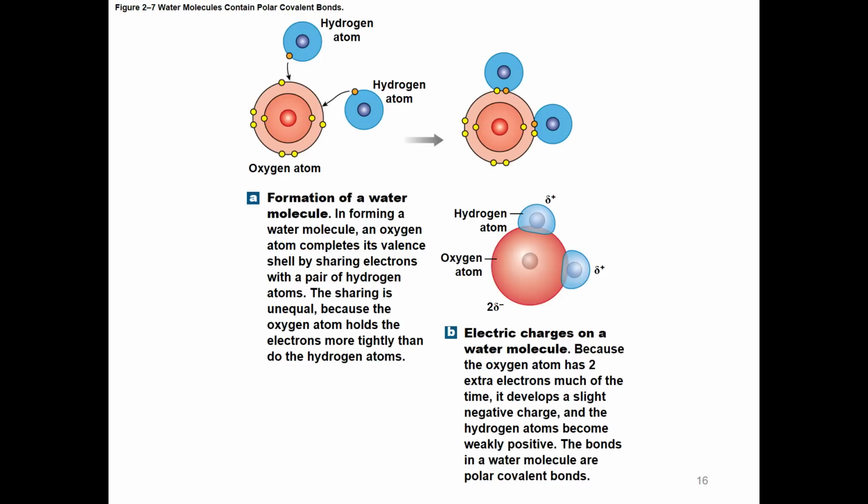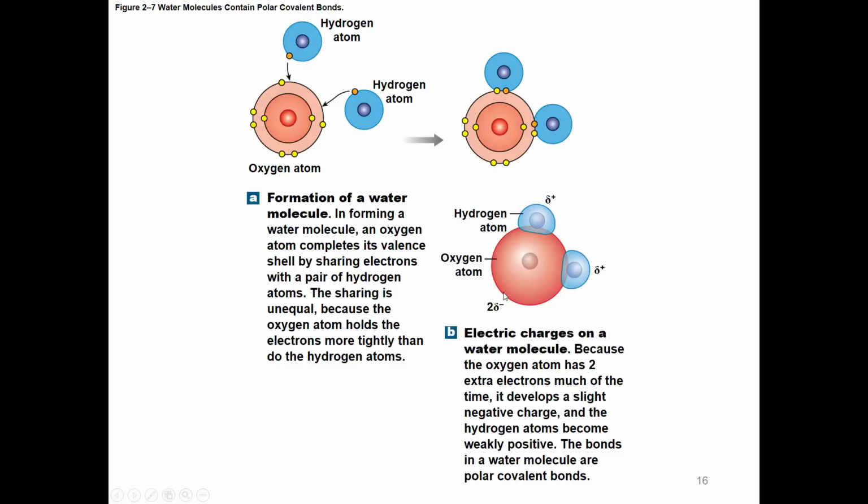Here's a picture of a water molecule. It looks a little bit like a Mickey Mouse head. We've got a big oxygen atom, and when I say big, we're talking about atoms, so you know big is not big. Because the oxygen is stronger, or has a stronger pull, it's going to spend more time with the electrons than the hydrogens will get to spend with the electrons.